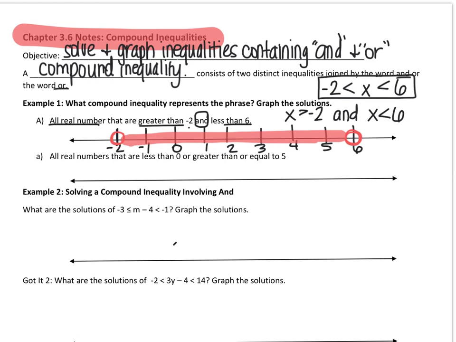Okay, example 1b. All real numbers that are less than 0 or greater than or equal to 5. And for "or," you actually put the word in there. So x less than 0 or x greater than or equal to 5. And then you graph it on the number line.